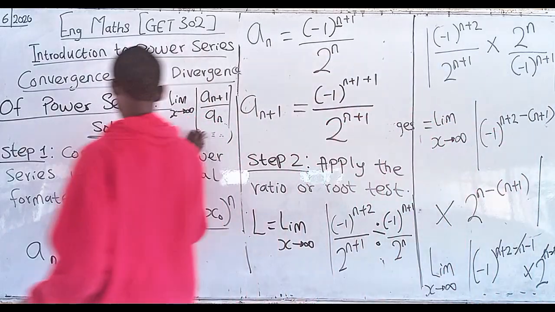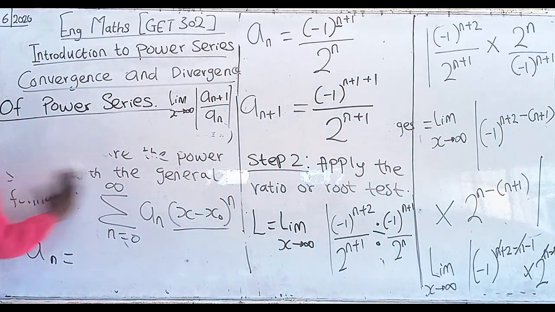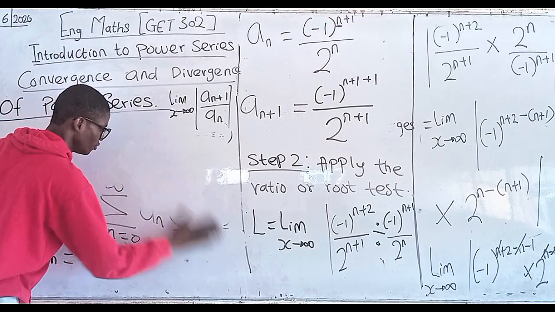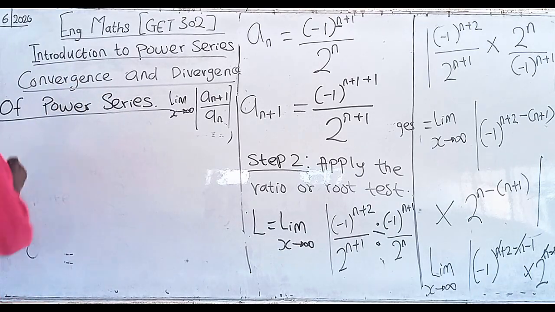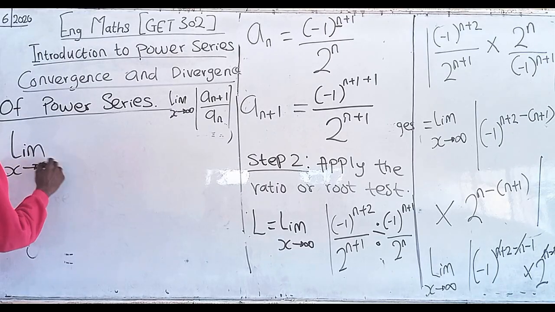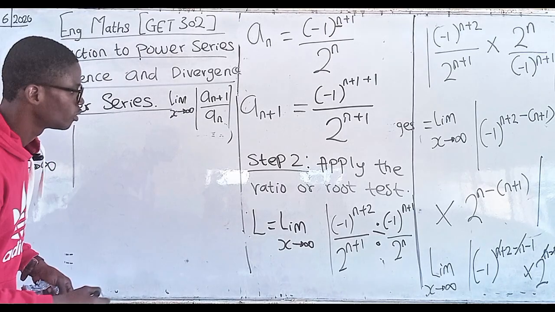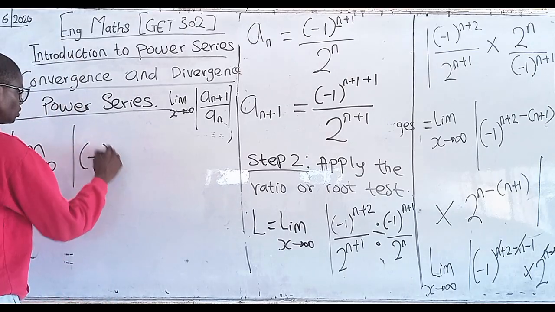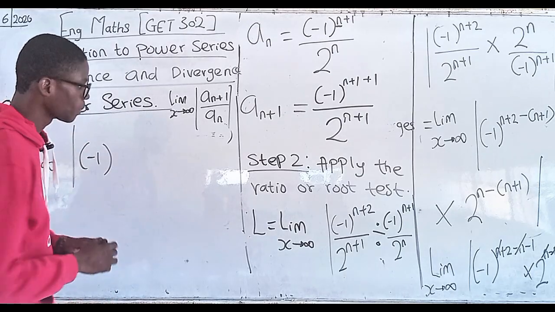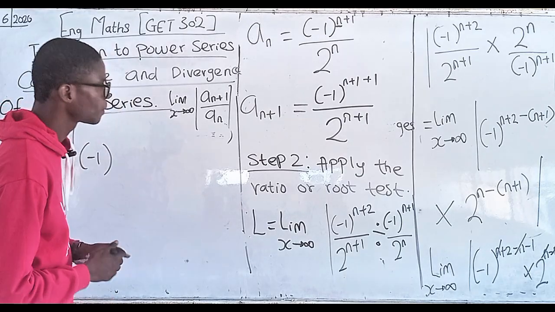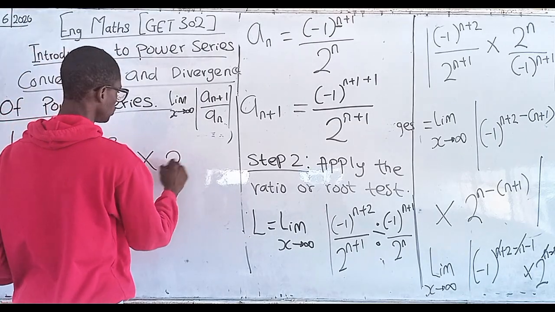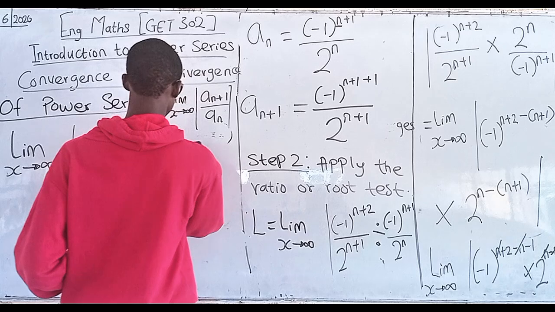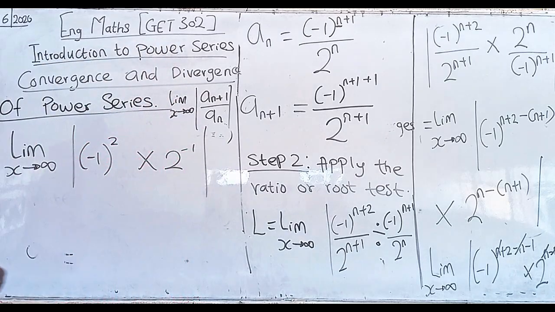Okay, so come here, and we have the limit as n approaches infinity of (-1) to the power of 2 minus 1.